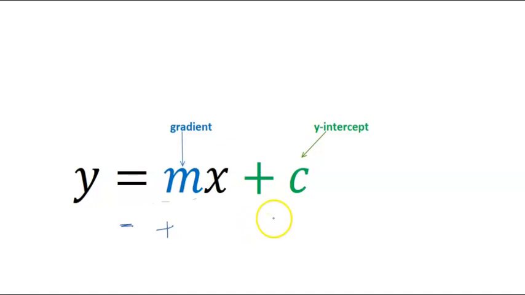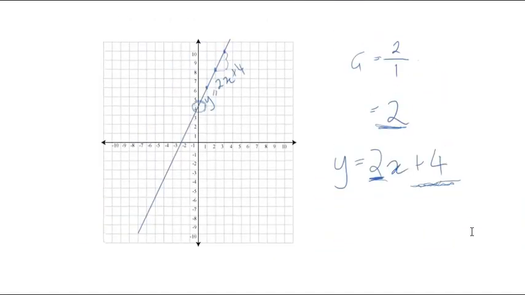or if it intercepts the y at a negative number, then that's going to be subtract something. So if, for example, our graph up here had crossed somewhere like down here at -6, then it would be y equals 2x minus 6, because the gradient is still rise over run. If it's at the same angle, then it's still positive, but it crosses at, let's say, -4, or in this case, it would be -6 in the example that I just drew.